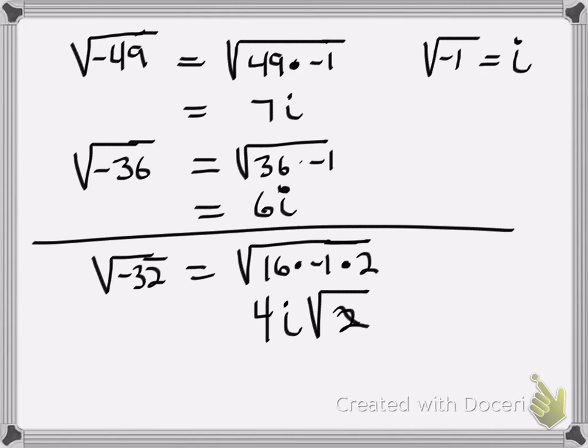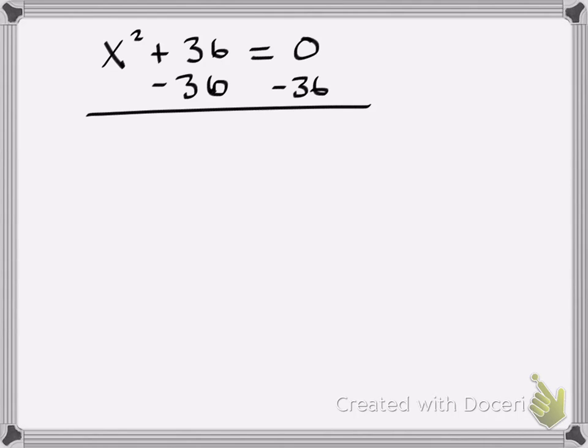All right, so now what happens if I have something like x squared plus 36 equals 0? Well, we know that can't be factored, but what can we do? Ryan? Subtracting 36 from both sides. And I'm left with x squared equals -36. Now what, Ryan? Get the quadratic alone, and we use the square root property of equality.